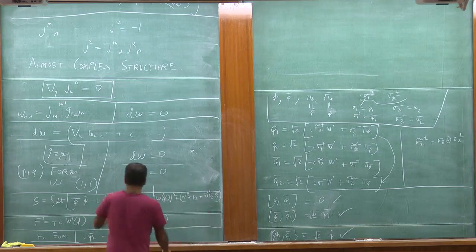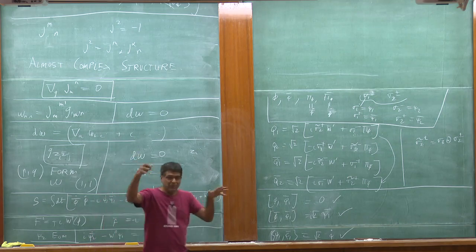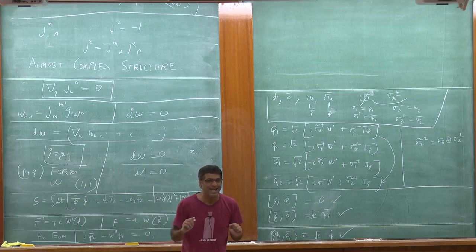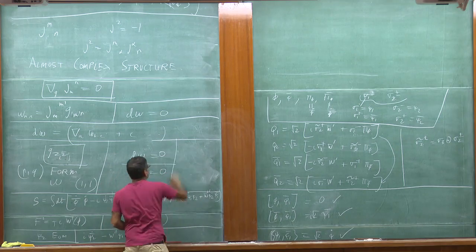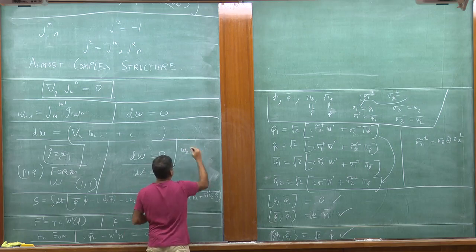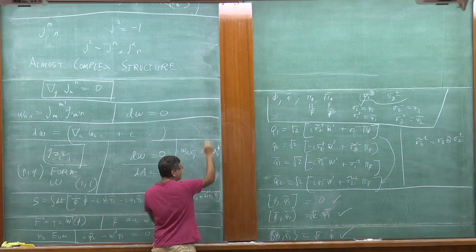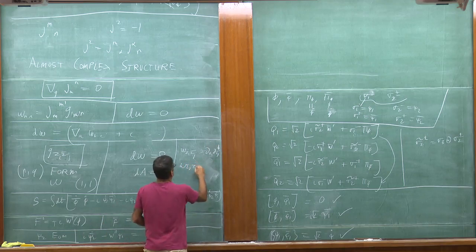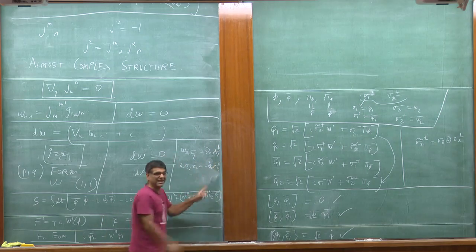The fact that d omega is equal to 0 and that omega was a 1-1 form can be used to show, and I will show you when we do this next time, that omega_{z^i \bar z^j} is equal to del_{z^i} del_{\bar z^j} of some scalar, and omega_{\bar z^j z^i} is equal to minus of the same scalar.